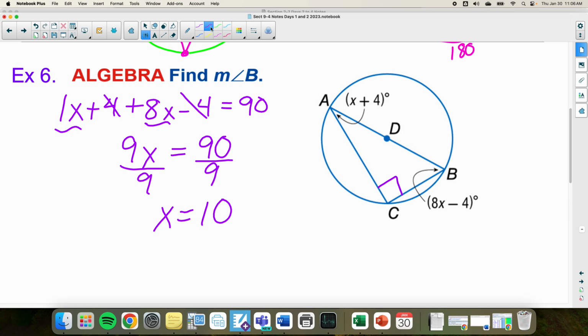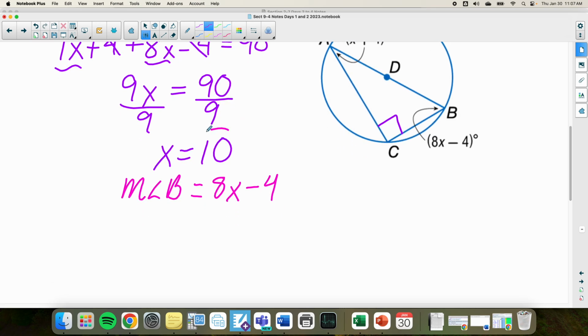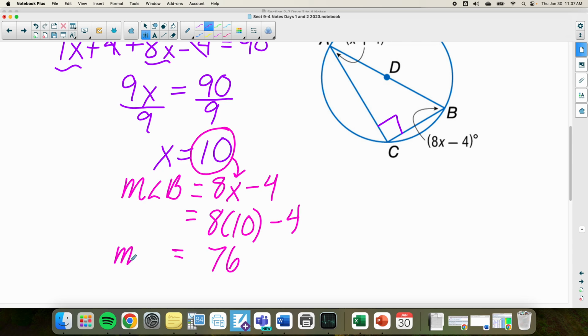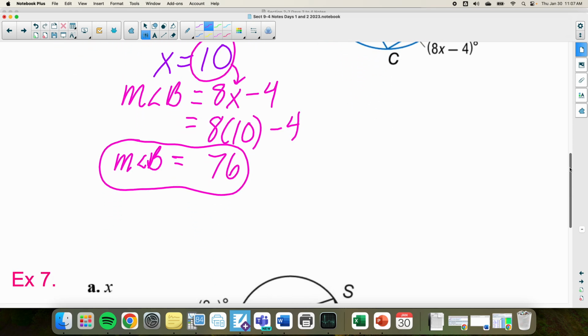What they want is the measure of angle B, which in this situation is the 8x minus 4. So what I would do then is take this 10 and put it in there. So it was 8 times 10 minus 4, which is 80 minus 4, which is 76. Okay, so that would be our answer.